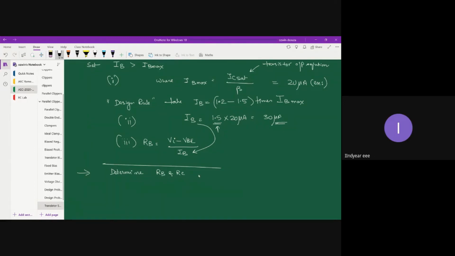So it's a design problem. Take IC saturation equal to 12 milliamperes, and HFE equal to 200. HFE is equal to 200. The input signal is given something like this.